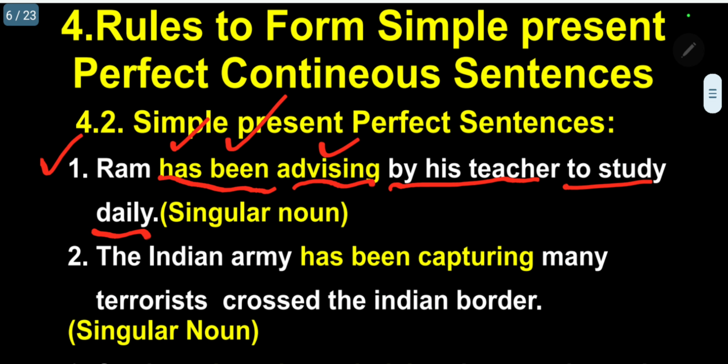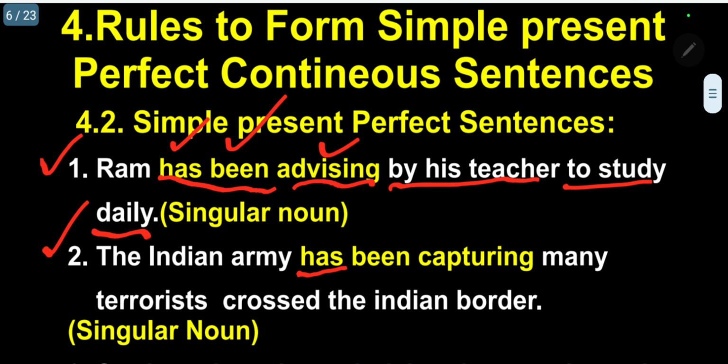Singular noun example. The second example: The Indian army has been capturing many terrorists who crossed the Indian border. Indian army is singular, so has been capturing: capture, dropping E, add ing.